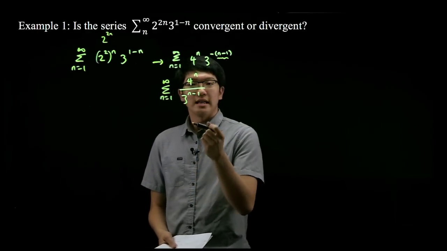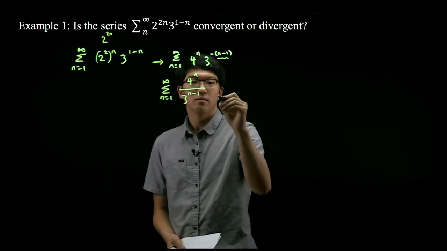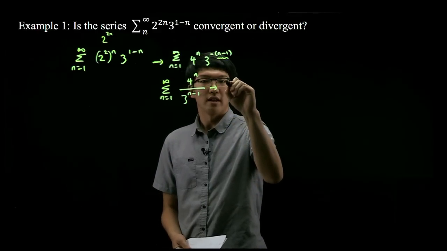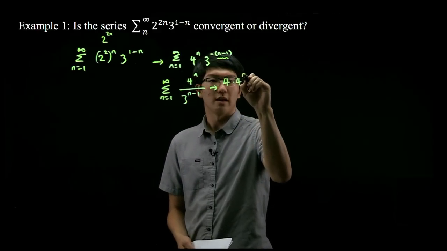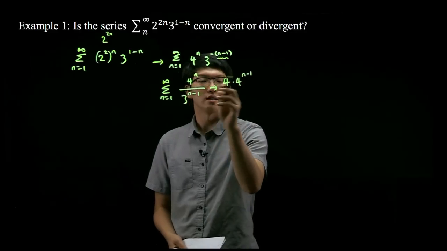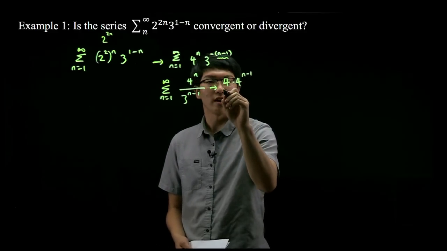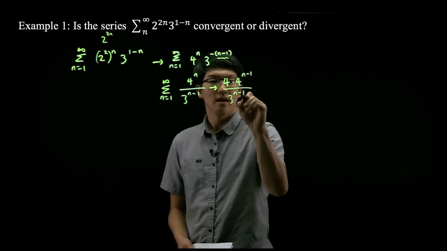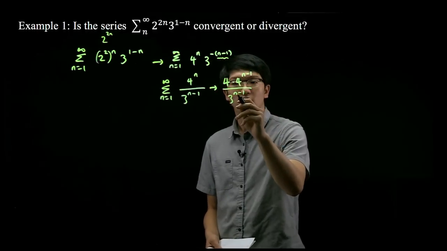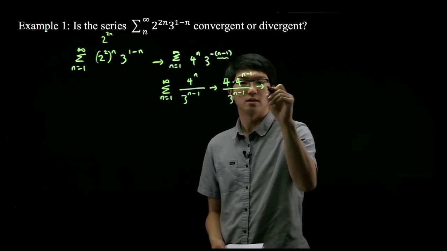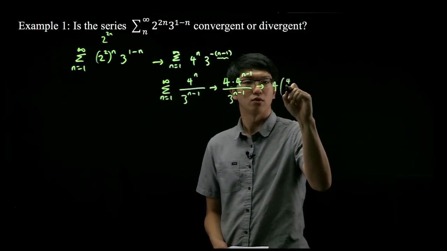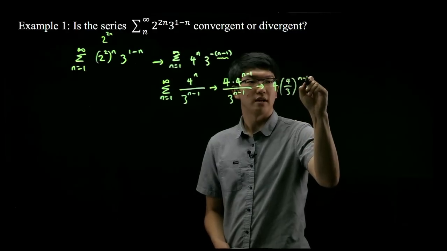Now, it's always easier to change the bigger one and write it as 4 times 4^(n-1). Again, the top ones are same thing. I'm just changing the way I write this. And as you can see, they both have the common exponent. So let's write it as 4 times (4/3)^(n-1).